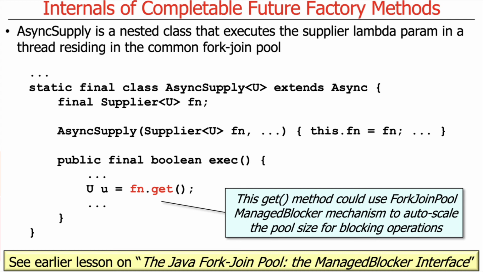And when the underlying common fork join pool has a worker thread that's got nothing else to do, it'll pull this thing off of its queue and it'll go ahead and call its exec method, and then that will trigger a callback to the get method on the registered supplier lambda, which will then go ahead and multiply the numbers together. And as you saw before, that'll take place in the background.